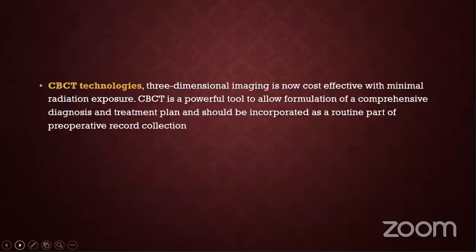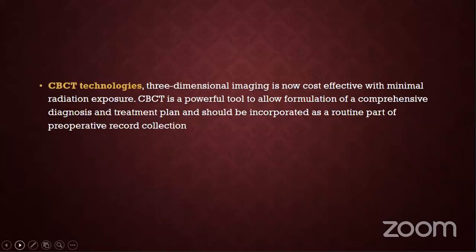The patient must have a clinical and paraclinical evaluation. For example, we must evaluate the interocclusal space, the type of gingiva and periodontium, and the attached gingiva. One way of paraclinical evaluation is to use CBCT technology.